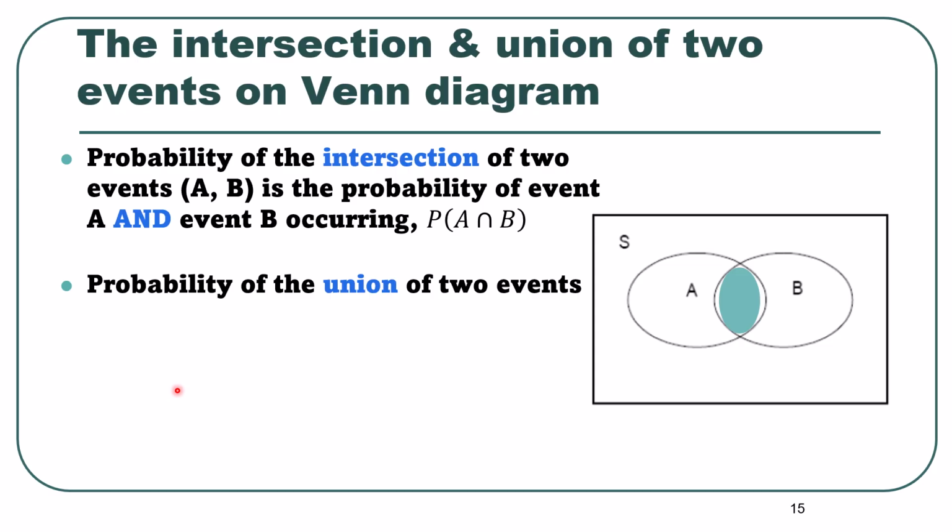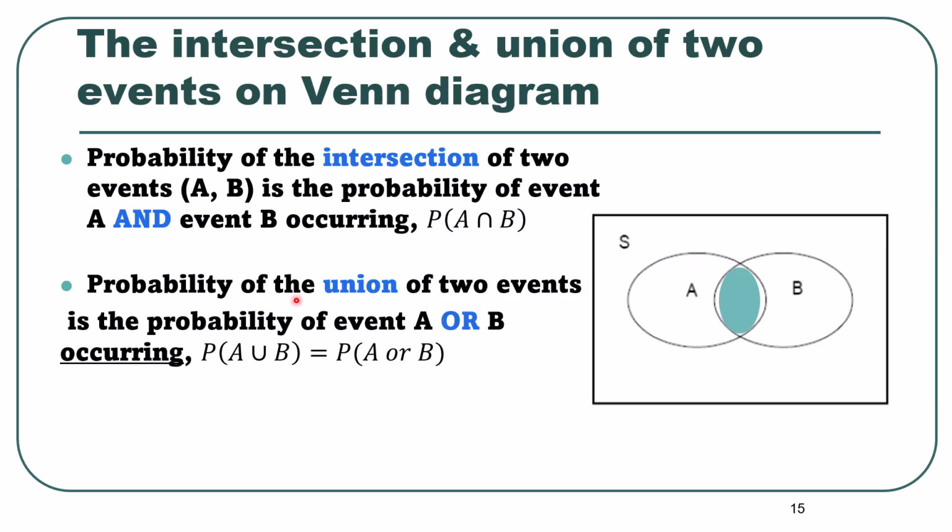Now, the probability of the union of two events. The probability of the union of two events is the probability of the event A or B. So you are either in A or in B or both of them.